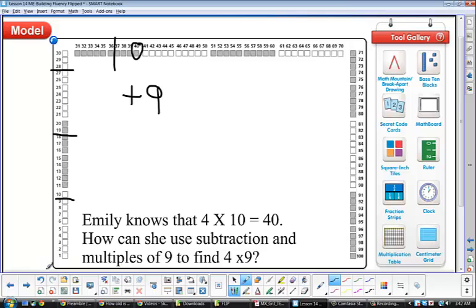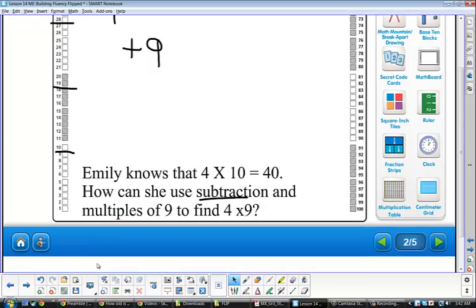They are saying, though, to use subtraction. Right here is use subtraction. So what they're trying to show you is we know 4 times 10 is 40. Let me see if I can write that. 40. And what if we take 4 away? If we take 4 away, 4 minus 4, that equals 36.